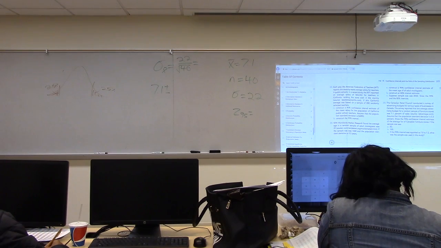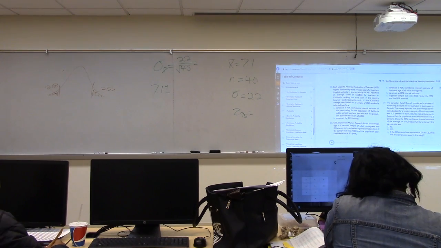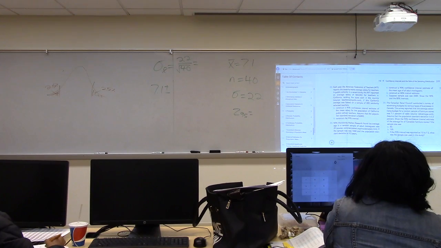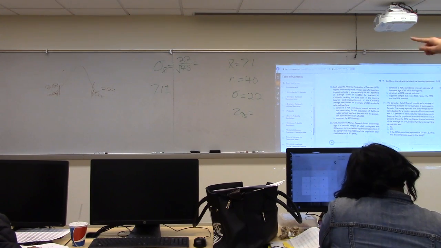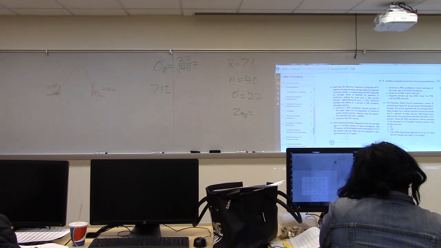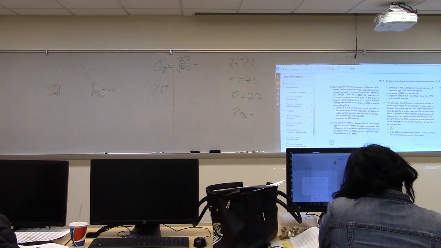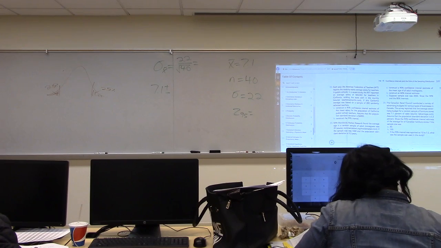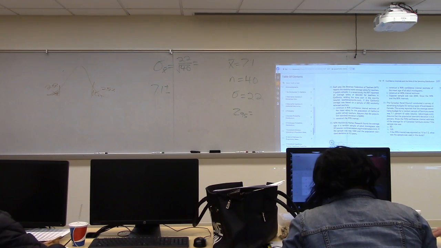So shade in that 2.5%. See how it's shaded? There you go. The total area under that curve is 100%, everything, all the data.